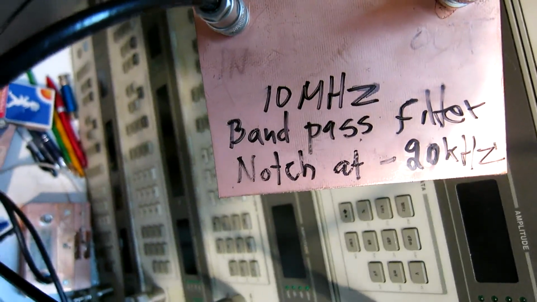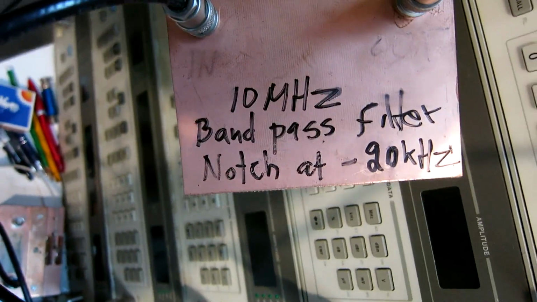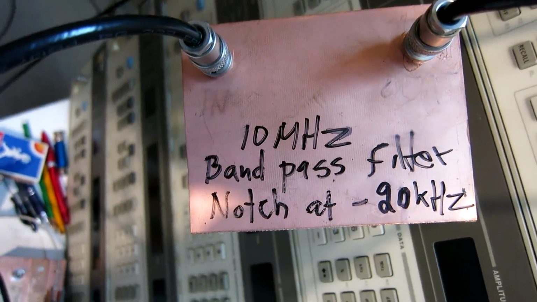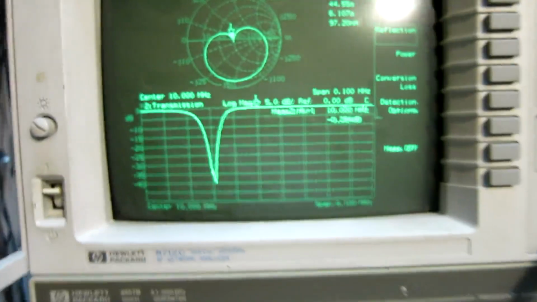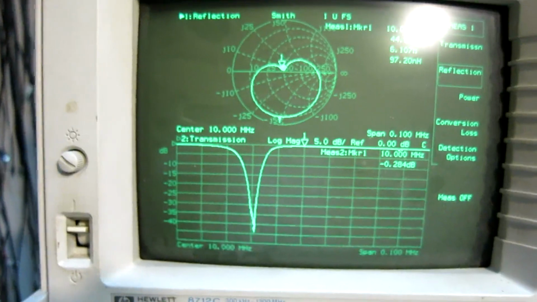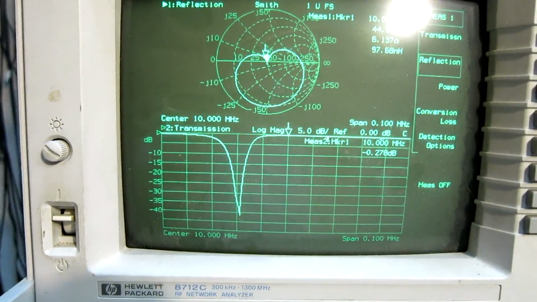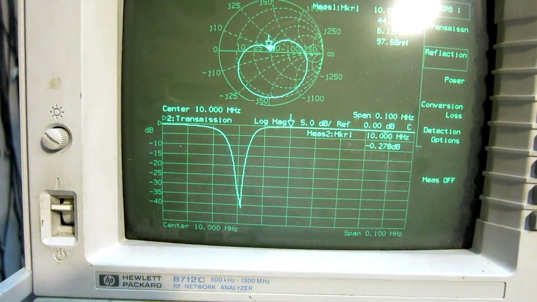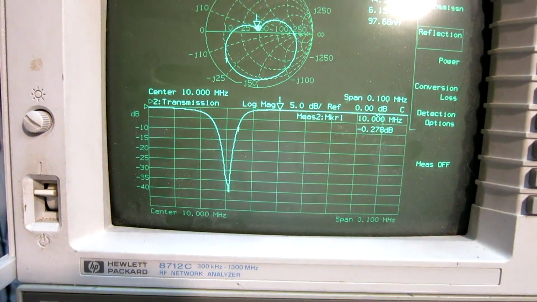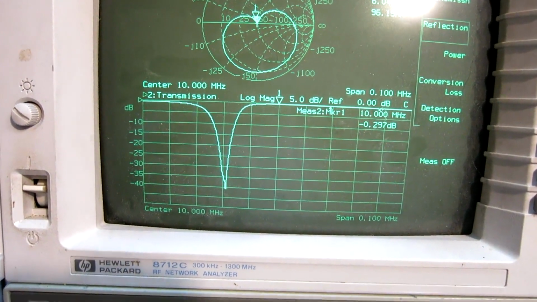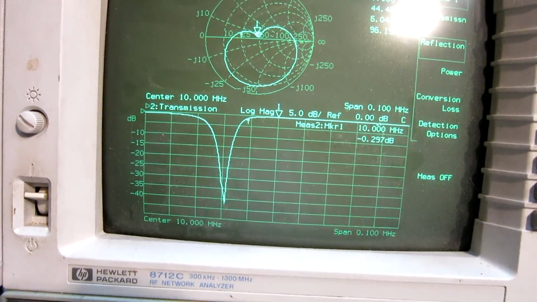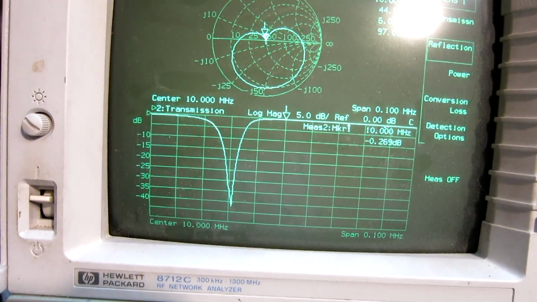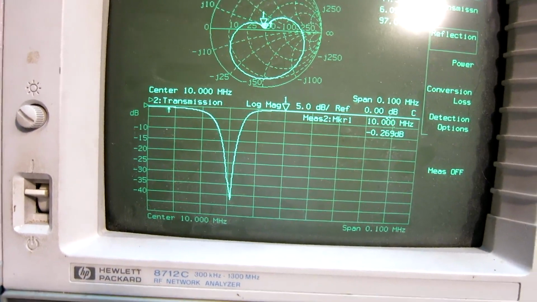This is a band pass filter with a notch about 20 kilohertz below 10 megahertz. And this is the characteristics. The loss at 10 megahertz is 0.28 decibels, and the depth of the notch is nearly 40 decibels, or maybe even a little bit more.